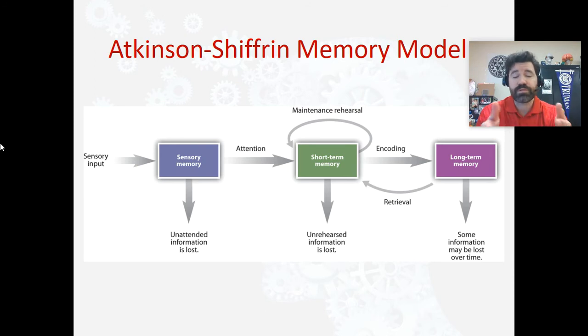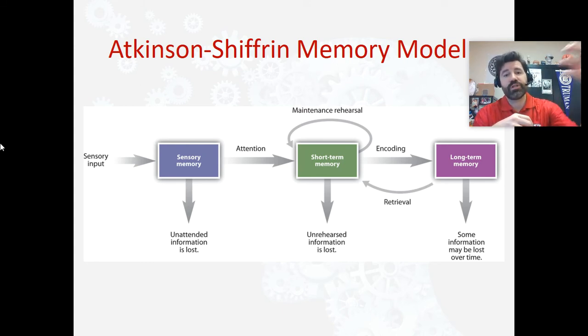The other thing that's really interesting about your long-term memory is the duration, because the duration of your long-term memory is also unlimited, meaning you can encode information today that you remember 40 years from now. It may just be difficult to find that information, but it's possible that that information stays in there forever.